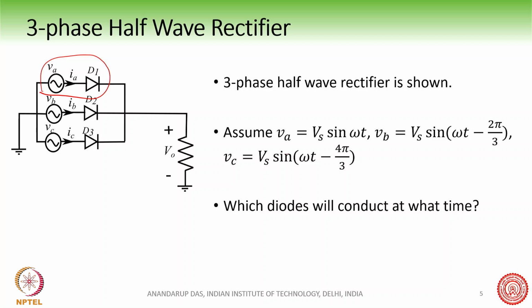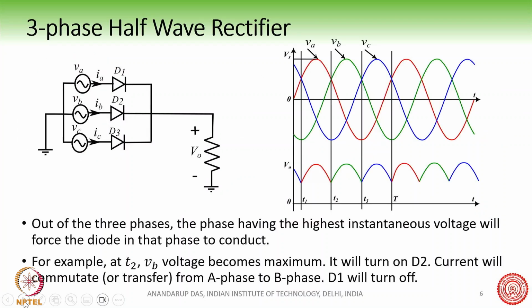Suppose we have voltages VA, VB and VC, which are sinusoidal quantities representing the grid voltages. The first thing to understand is which diodes will conduct at what time, because there are three diodes connected to the three phases and the load is connected here. Which diode will conduct?